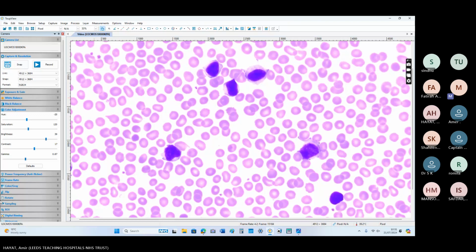It could be CLL, it could be mantle. So it is CD5 positive and CD23 positive, CD43 positive, and CD200 positive. Then it's CLL. Okay. And when would you treat this patient?